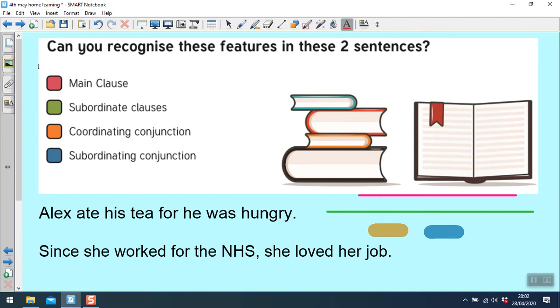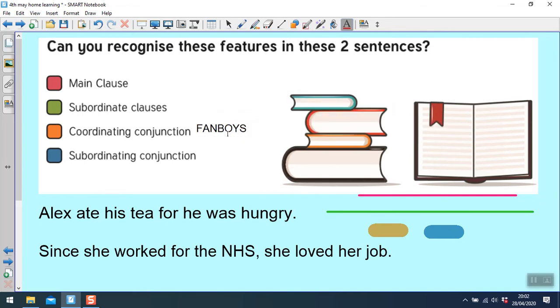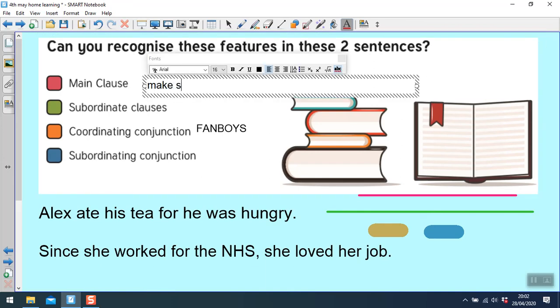Now this is what we did yesterday, it's exactly the same thing, apart from the different sentences. Can you find in these sentences any main clauses, any subordinate clauses, any coordinating conjunctions, and any subordinating conjunctions? Remember, coordinating conjunctions, FANBOYS: at either side of a FANBOYS conjunction is a sentence that makes sense by itself.